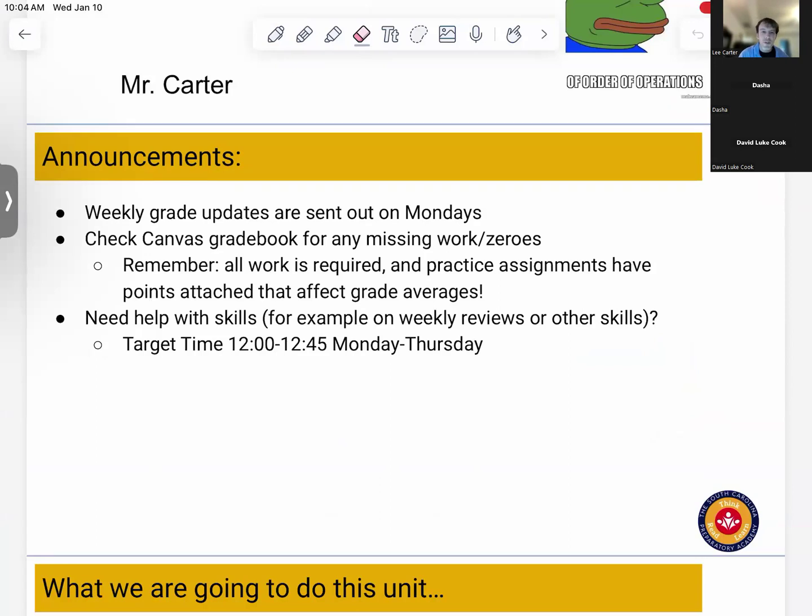So the way this works is I send out grade updates on the number your parents have to receive that on Mondays. I didn't send one this Monday because we only had 2 days, so that'll be next Monday. You really need to check your Canvas grade book for any missing work, zeros, anything like that.